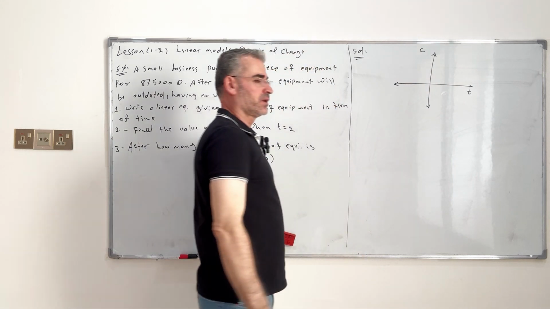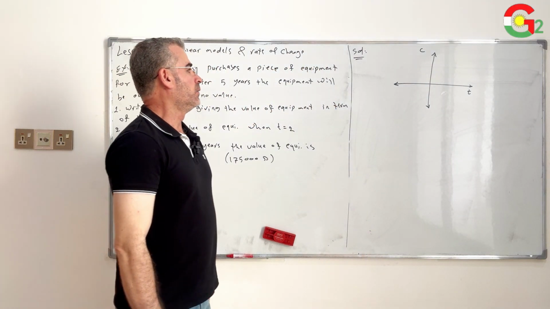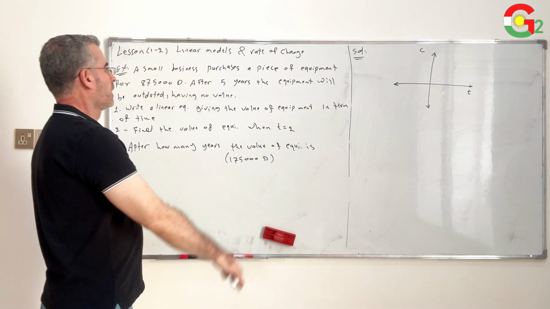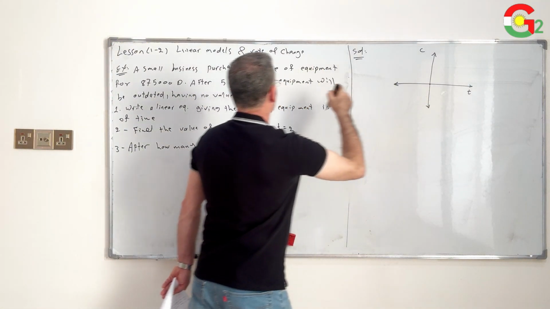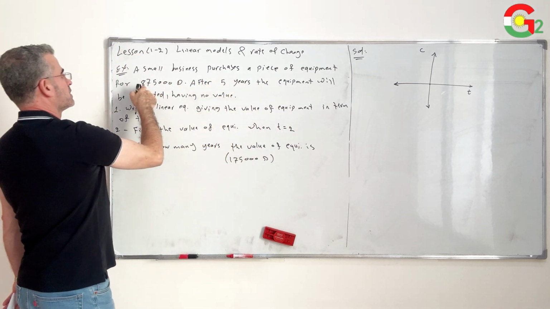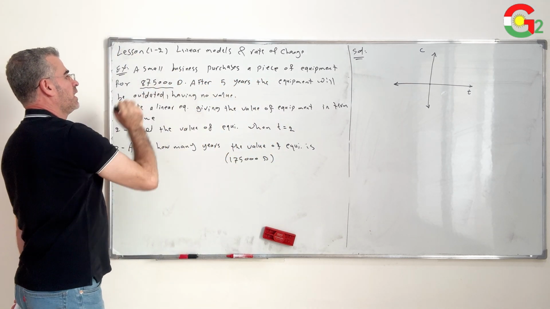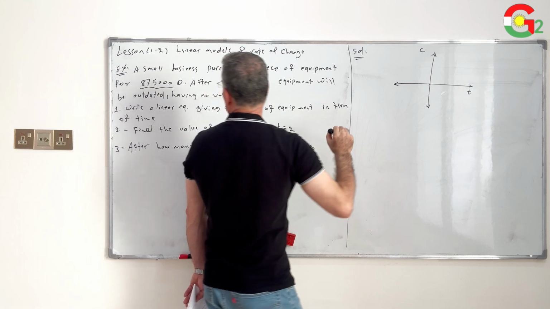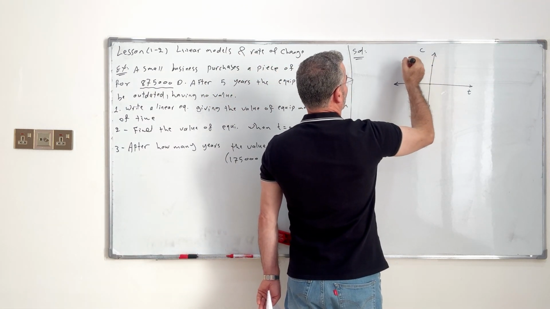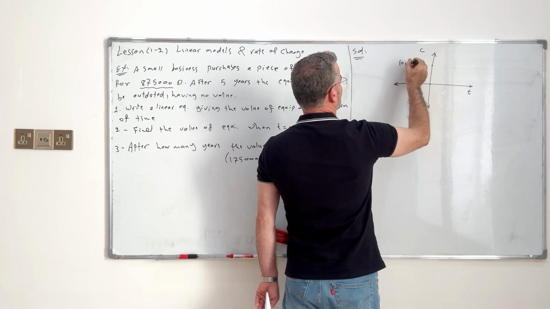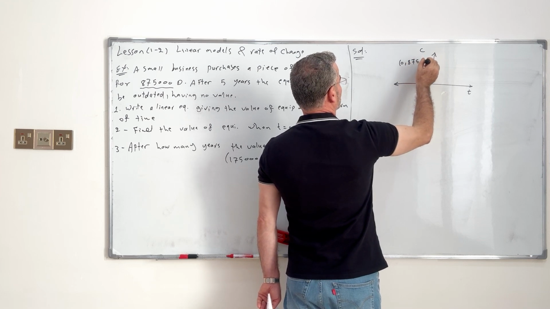Now, when time is 0, the purchase, the value was 875,000. Then the coordinate of this point is (0, 875,000).